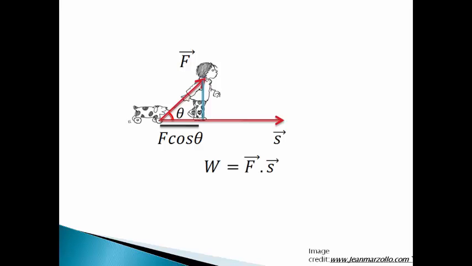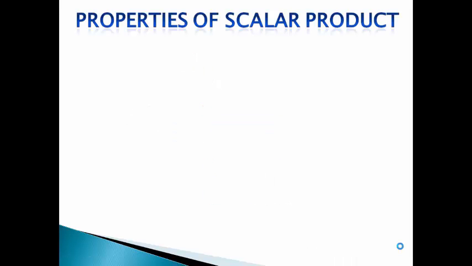Hence the work done is given by force into displacement, F bar dot S bar, that will be equals to Fs cos theta. Next, let us have a look at properties of scalar product.